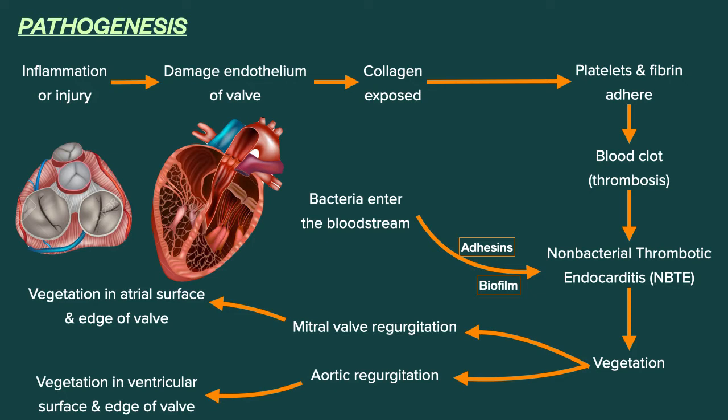And this is not usually a problem because it's a small amount and they can be easily killed by the immune system. However, occasionally they float around in the blood for long enough to find an NBTE, which serves as a perfect location for them to attach and set up an infection that is called a vegetation.